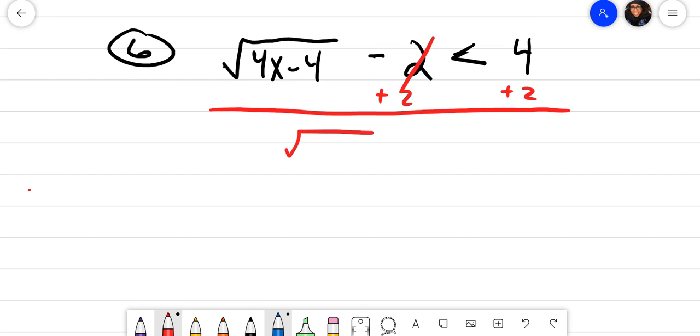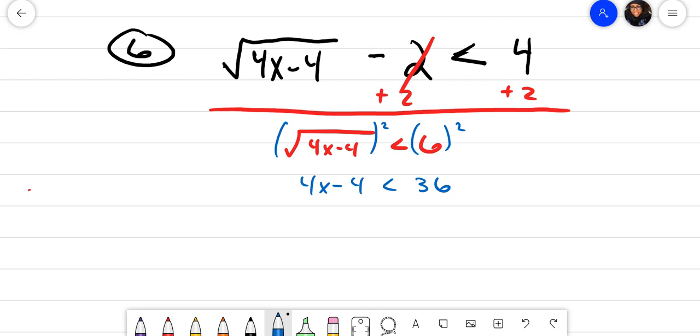We end up with the square root of 4x minus 4 is less than 6. We square both sides to clear the radical. 4x minus 4 is less than 36. And we get x is less than 10. Hopefully everyone's fine with that.